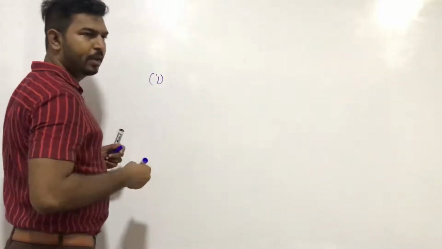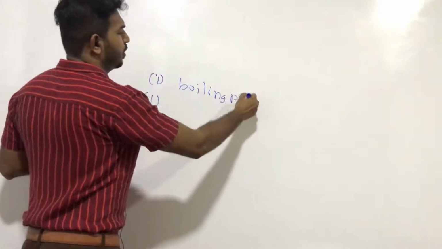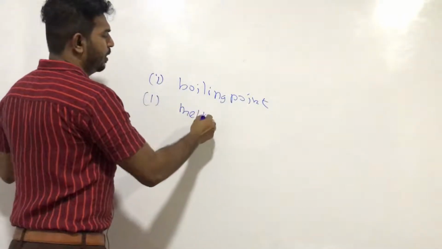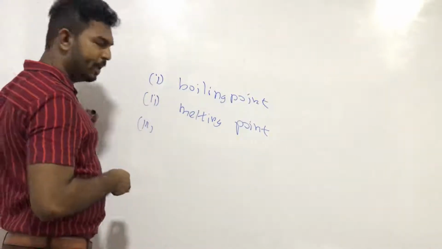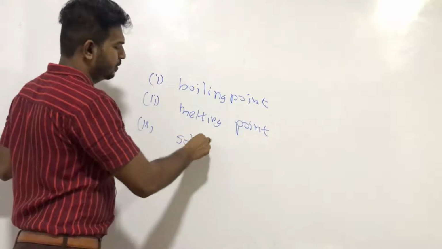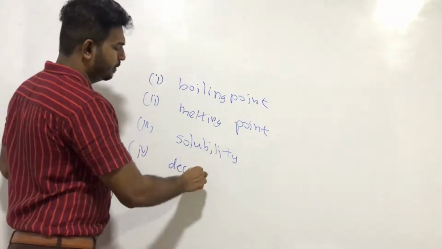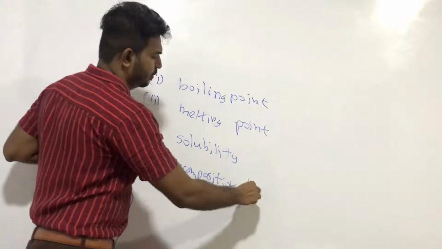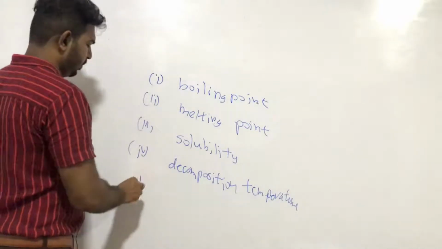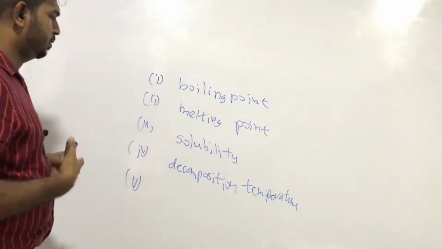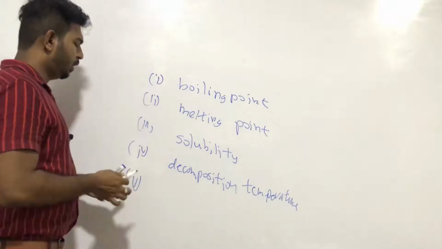These are the properties that depend on ionic nature: boiling point, then melting point, then solubility, decomposition temperature. So these are the properties.